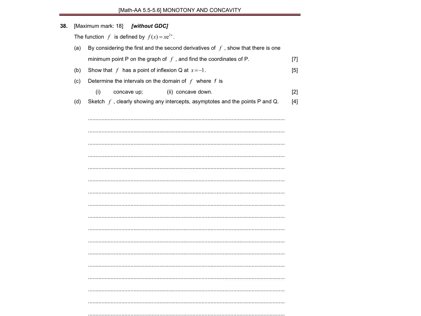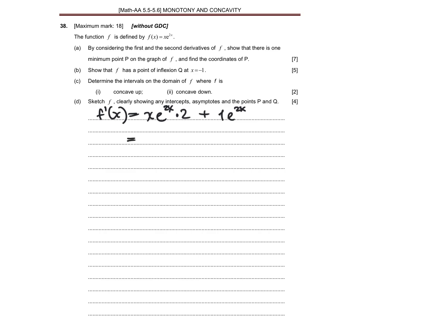All right, 38. We've got this function. By considering first and second derivatives, show there's one min and find the coordinates. Okay, so first derivative, product rule, first times the derivative of the second plus the derivative of the first, which is 1 times the second.